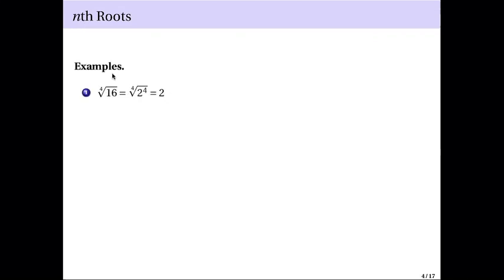Some examples here. Suppose we have the fourth root of 16. Now, the 16 here, you can write as 2 to the power 4. So the fourth root of 16 is the same as the fourth root of 2 to the 4, and that is equal to 2.